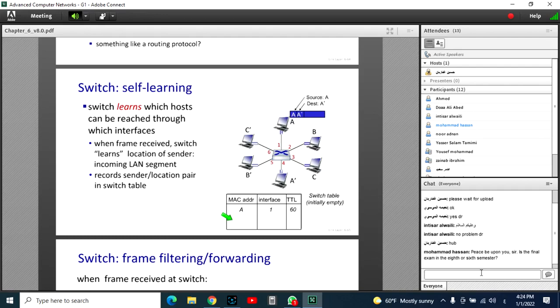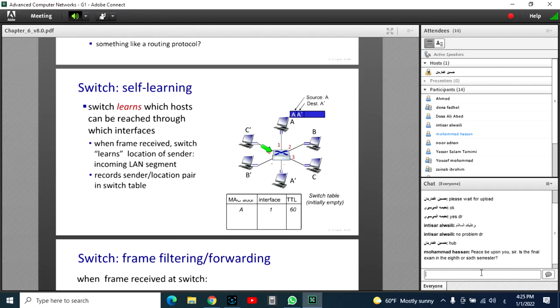It means that the frame received from A will be forwarded over the rest of the ports. This frame would be forwarded over port number 2, 3, 4, 5, 6, all of them.